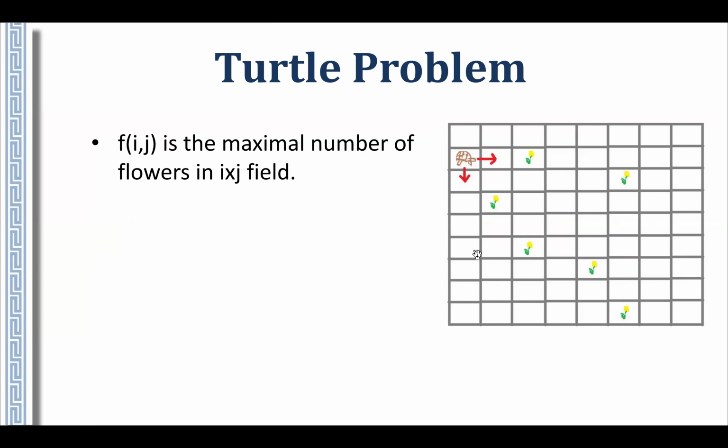Let's continue with the idea of dynamic programming. As we remember, the main idea is solving the smaller problem and storing this value, and based on this, solving the bigger problem. What is the size of the problem here? As a size, we can choose the size of our field.